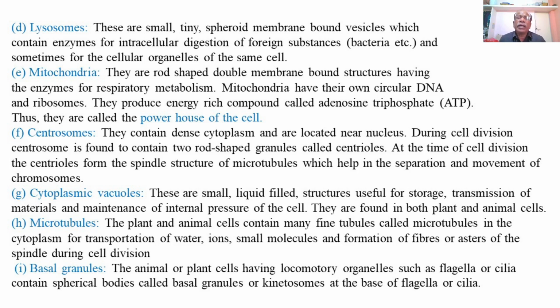Mitochondria have their own circular DNA and ribosomes. Due to the presence of its own circular DNA and ribosomes, the mitochondrial matrix can synthesize a variety of proteins or enzymes which are essential for energy metabolism.